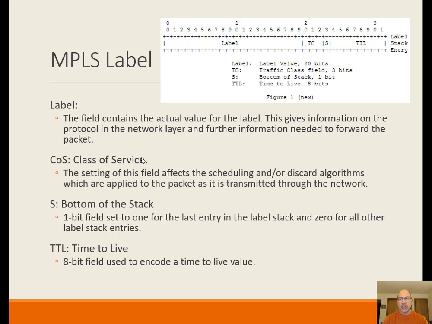The bottom of the stack is a significant bit, because what that tells you is that if there's more than one label, so you put together a collection of labels that constitute a path, as you go from hop to hop, the labels are removed. And the last label in the header is called the bottom of the stack. And so this is an indication of whether or not you've reached that. And then, of course, we got a time to live.